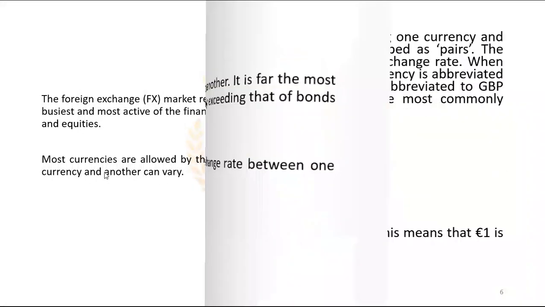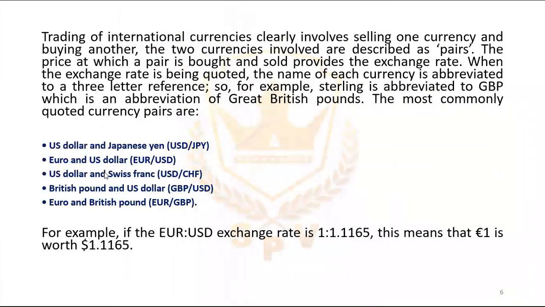Trading of international currencies basically involves selling one currency and buying another. So we can sell the domestic currency and buy the foreign currency, or we can buy the domestic currency and sell the foreign currency.